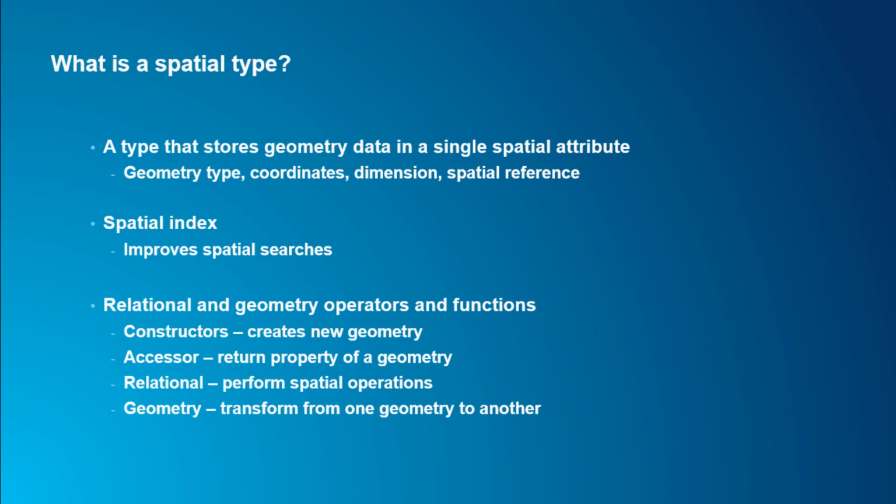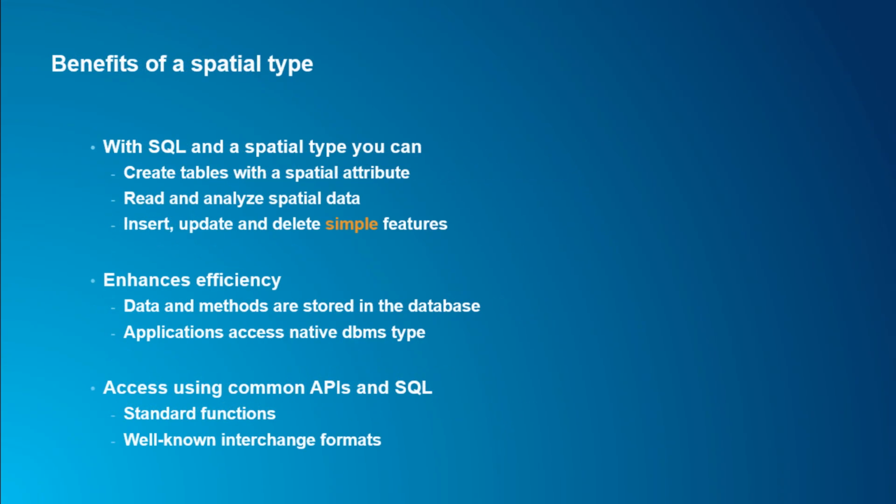You have other functions that return relationships amongst your features. Perhaps you want to know if a feature intersects another feature. You have spatial operations you can perform to create new geometries, a buffer around a point, for example. And you can also transform one geometry into another geometry, change the spatial reference of it. So what are the benefits of a spatial type?